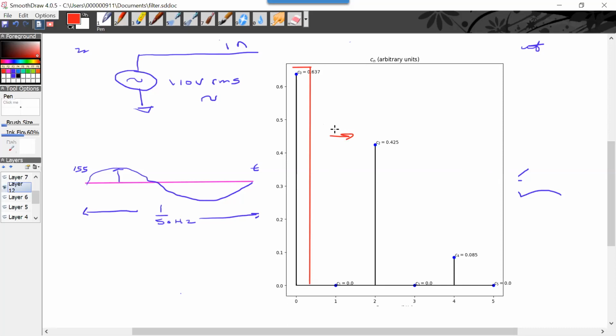All right. Now, if I wanted a time-varying signal, in this case, if this was 50 hertz, this would be 100 hertz. If I wanted this, well, then I would put a bandpass around it.